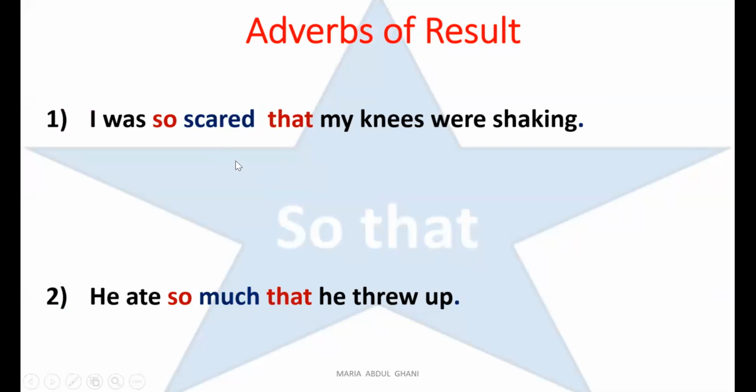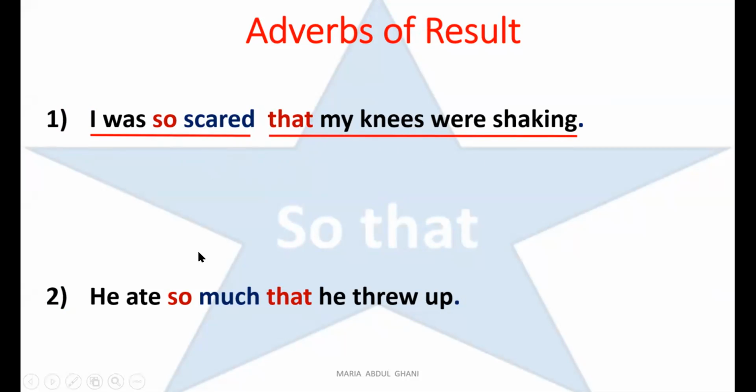So here, where is the dependent and the independent clause in each sentence? I was so scared that my knees were shaking. I was so scared is the independent clause. That my knees were shaking is the dependent.